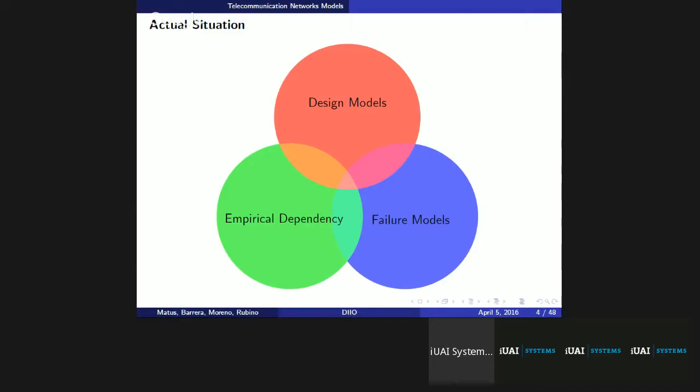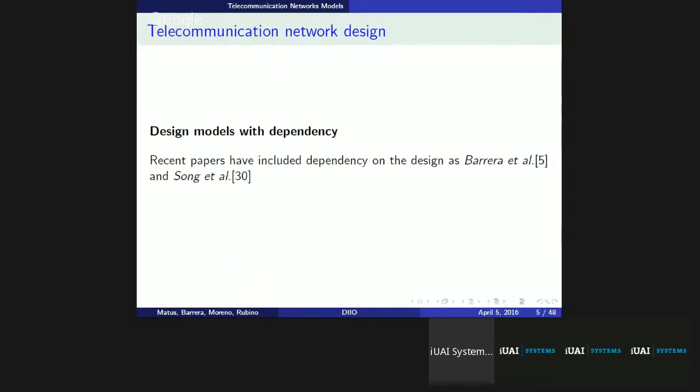The idea of the work is to take a failure model, calibrate it, incorporate empirical dependency, and use it in the design of networks, telecommunication networks particularly. Some works about that are the work of Barrera and Eduardo and Song et al.